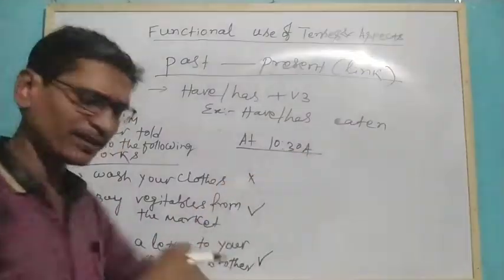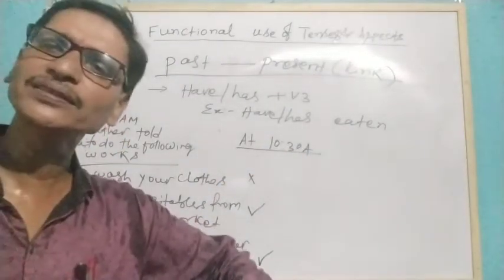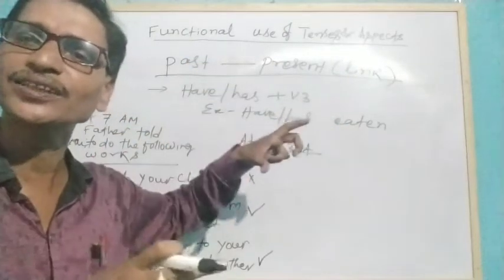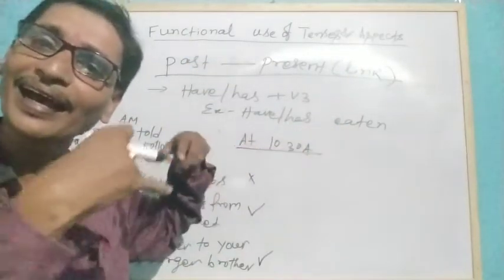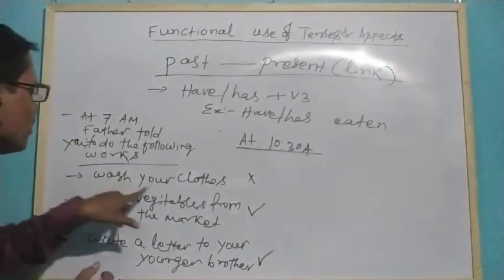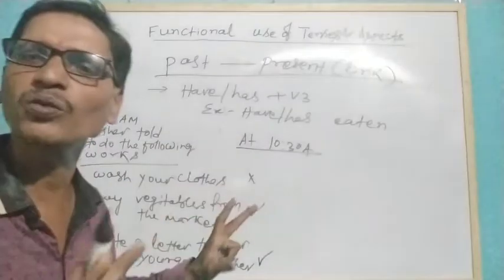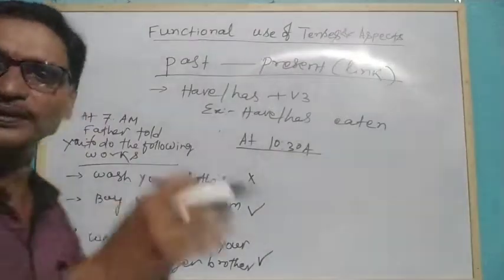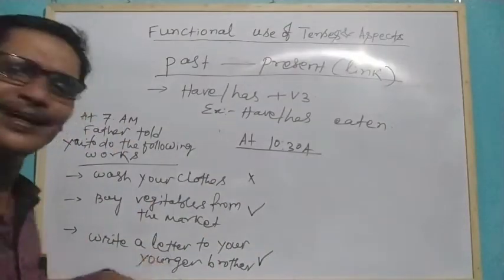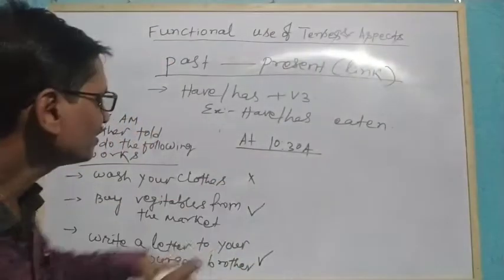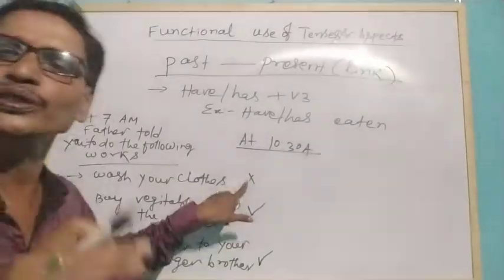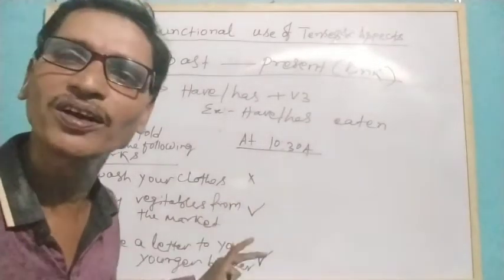At 10:30, when you saw your watch, you saw the list your father gave you to do them. You found clothes not washed, vegetables bought, and letter written. That means this tick you have done, this cross you have not done.